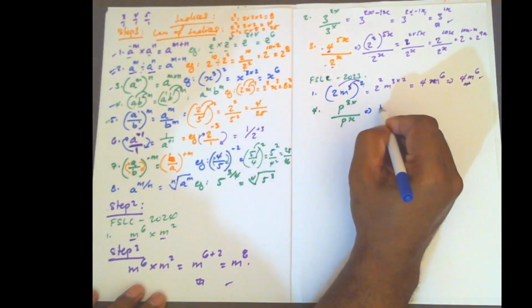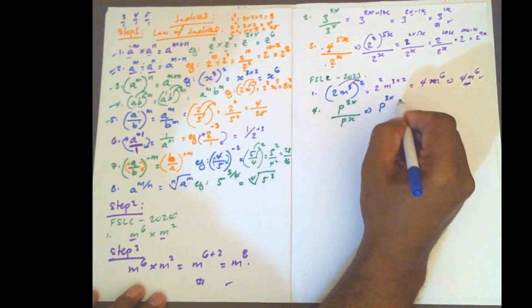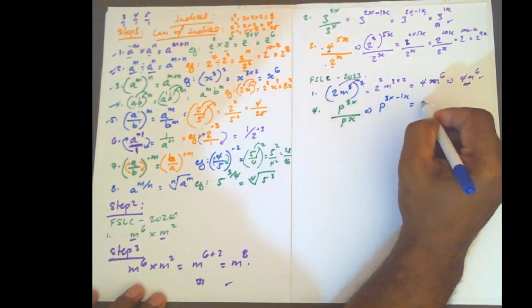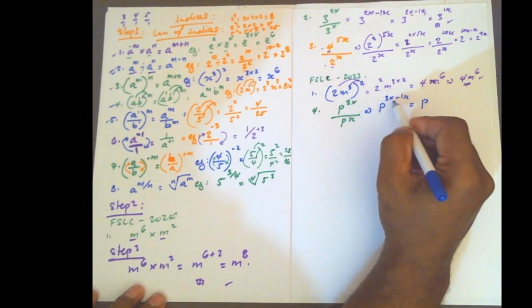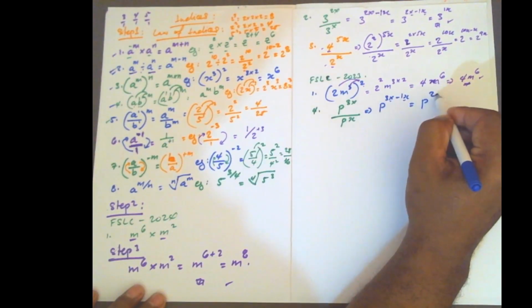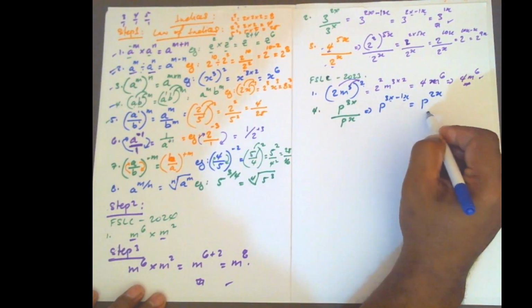So this is p to the power of 3x. Since this is 1x and we're dividing, we subtract the powers. So this is p to the power of 3x minus 1x. Since they are like terms, 3 apples minus 1 apple is 2 apples, in our case 2x.